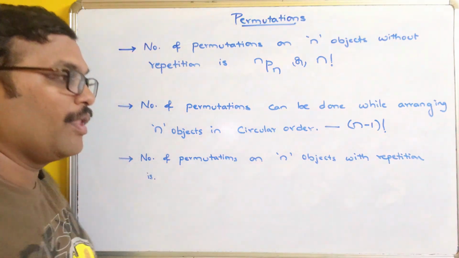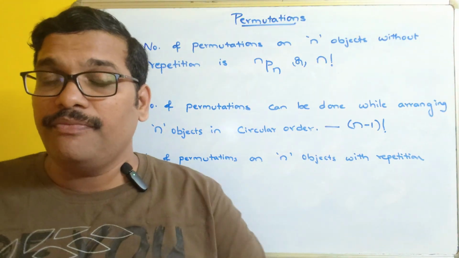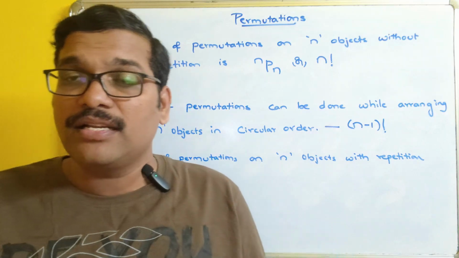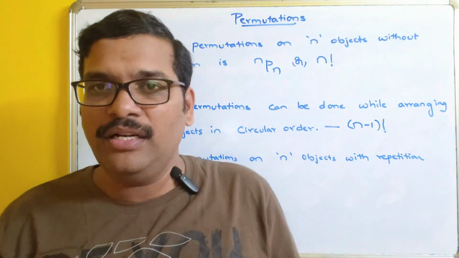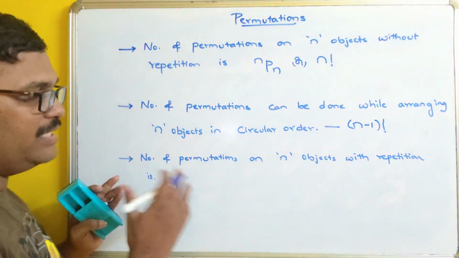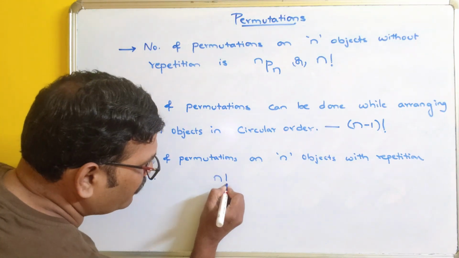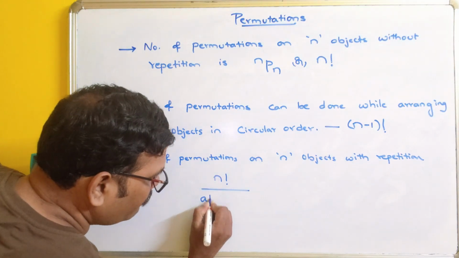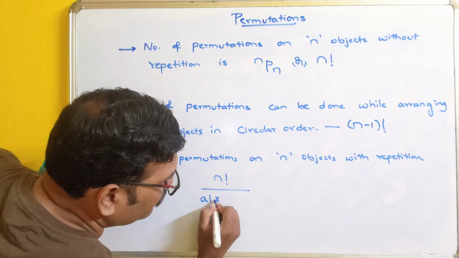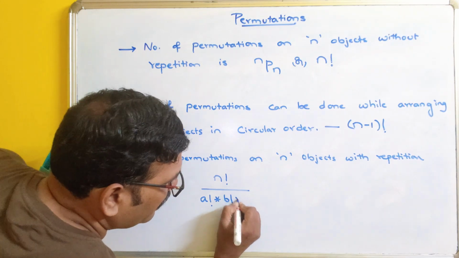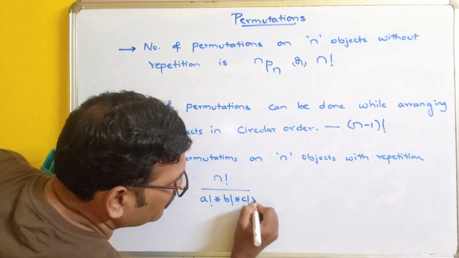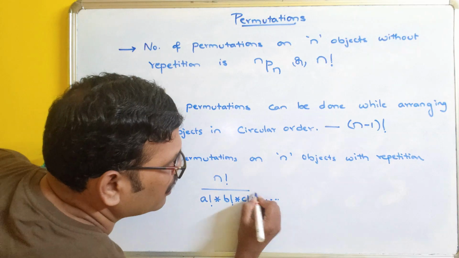With repetition means there are n objects which have some repetition, and to arrange those objects it is n factorial by a factorial into b factorial into c factorial, and so on.